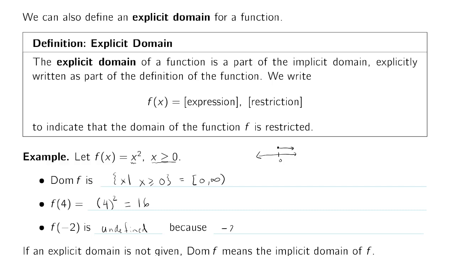So negative 2 greater than or equal to 0 is false, and so negative 2 is not an element of the domain of f. If there's no explicit domain given, then we say that the domain of f must be the implicit domain.